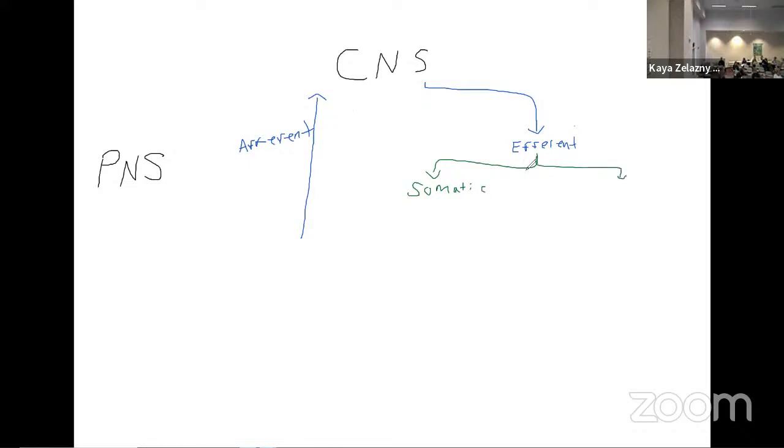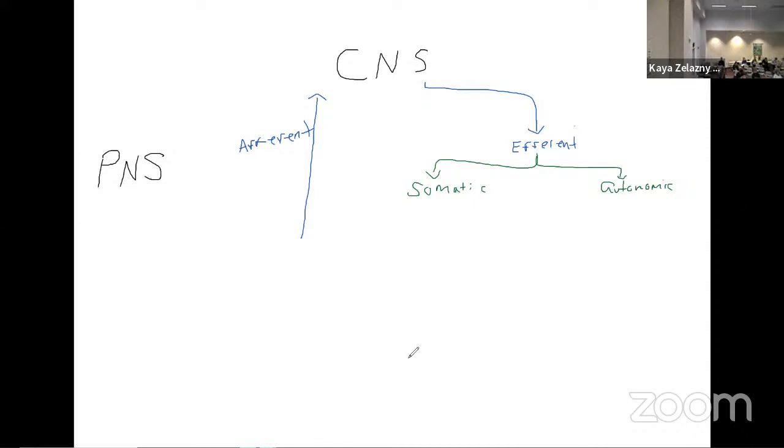And I'm picking a different color for each split to kind of emphasize those for you. And the way we're going to tell the difference between these two is actually through their effector organs. So I'm going to leave some space for more splits here.